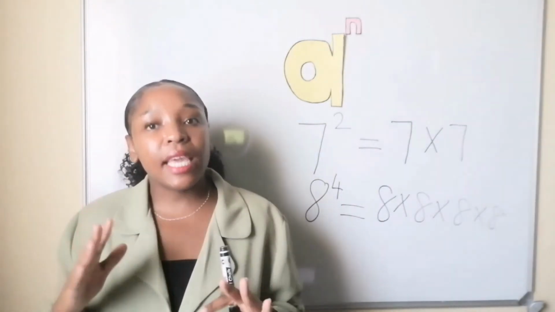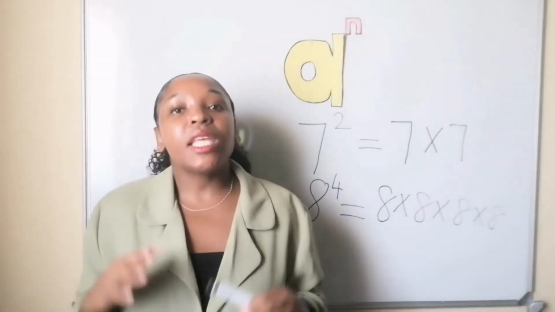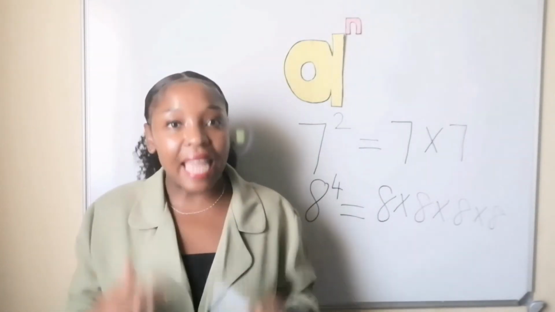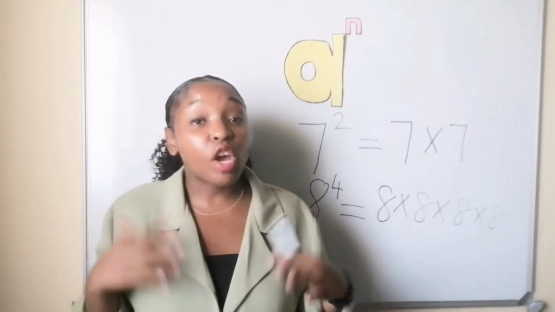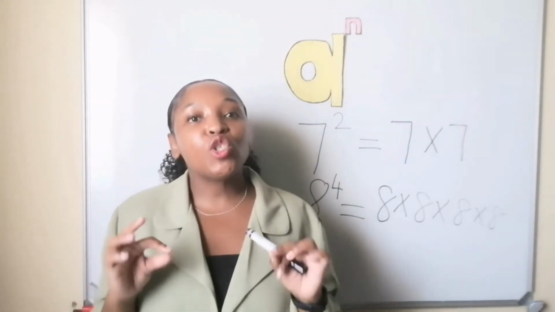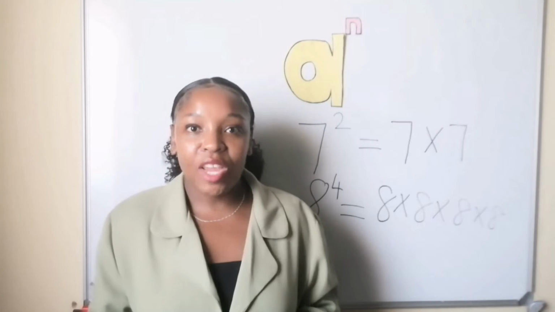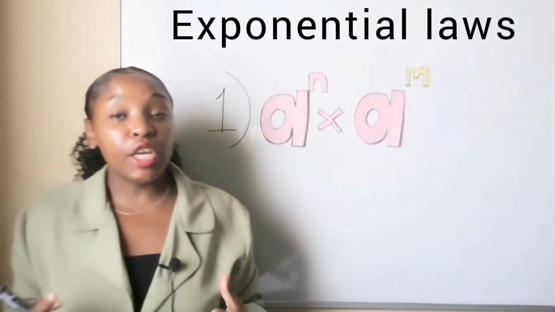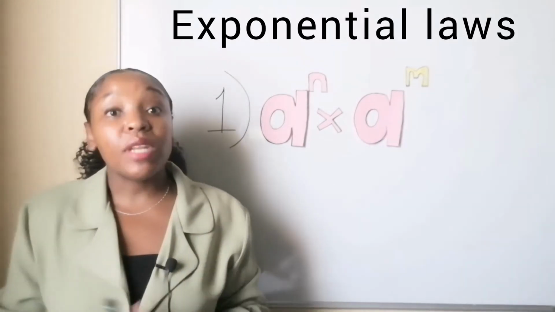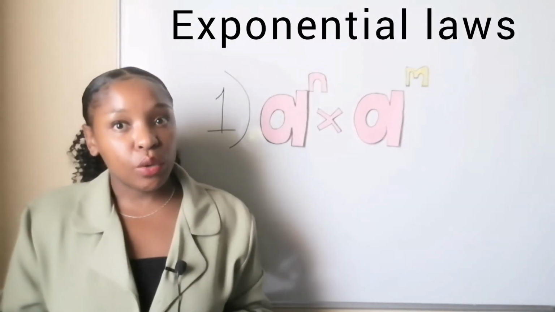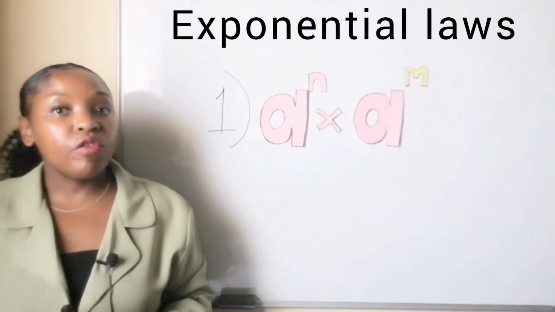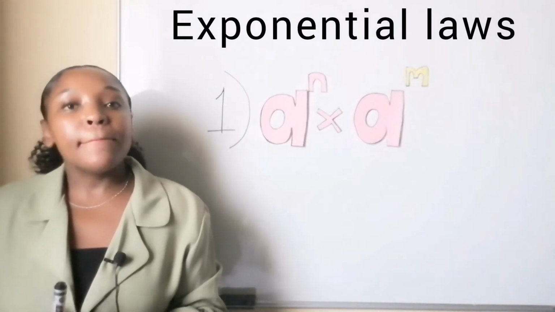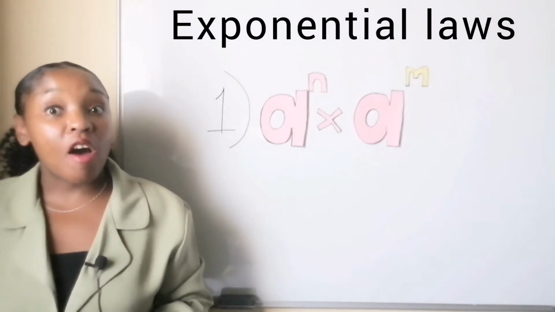Okay, so now let's get to the exponential laws that you guys need to understand and obviously know by heart to help you solve your exponential equations. Let's get started. So let us go through the first exponential law. On the board, we've got a to the power of n multiplied by a to the power of m.